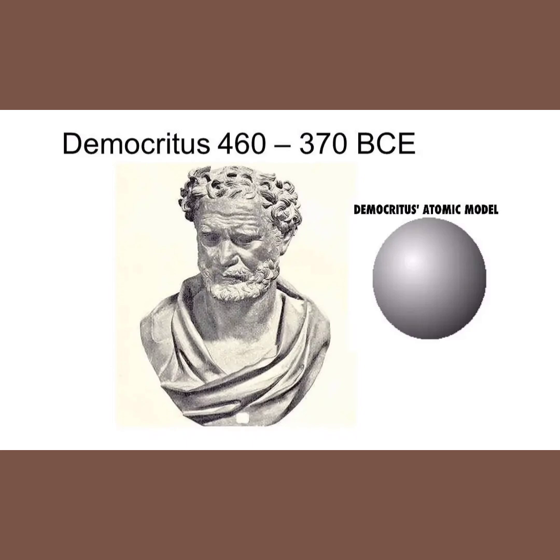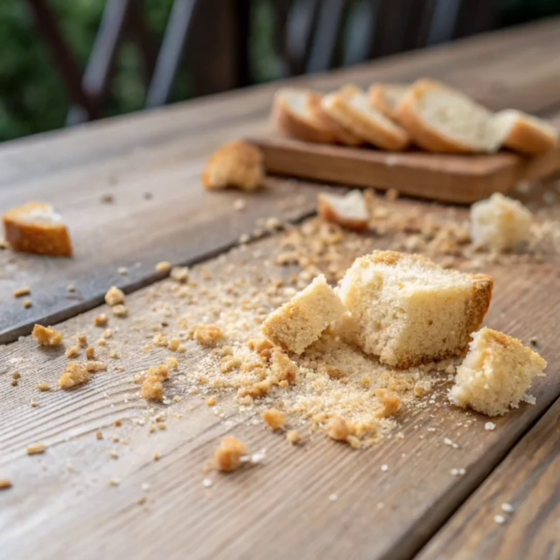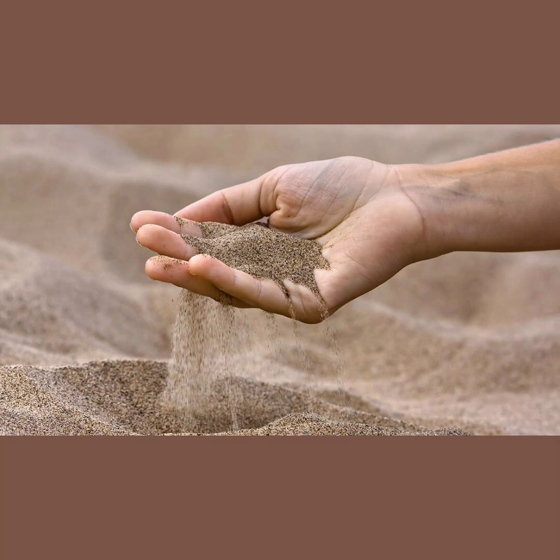To better understand this, imagine I keep cutting a piece of bread into smaller and smaller crumbs. Those tiny pieces, one by one, make up the whole bread. Similarly, you can think of little grains of sand or pieces of chalk.